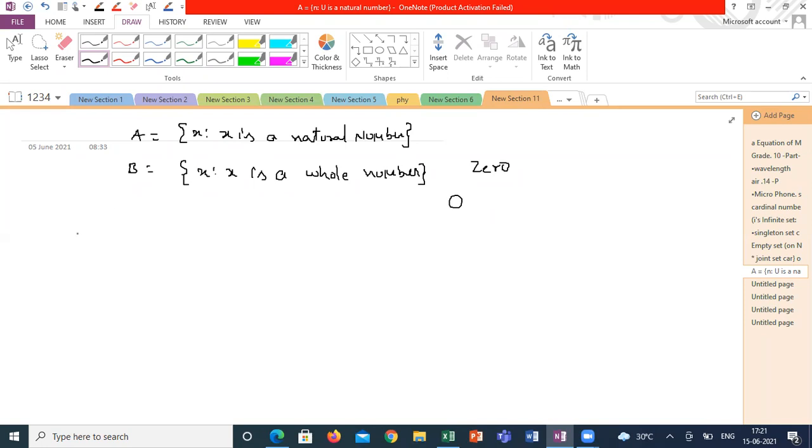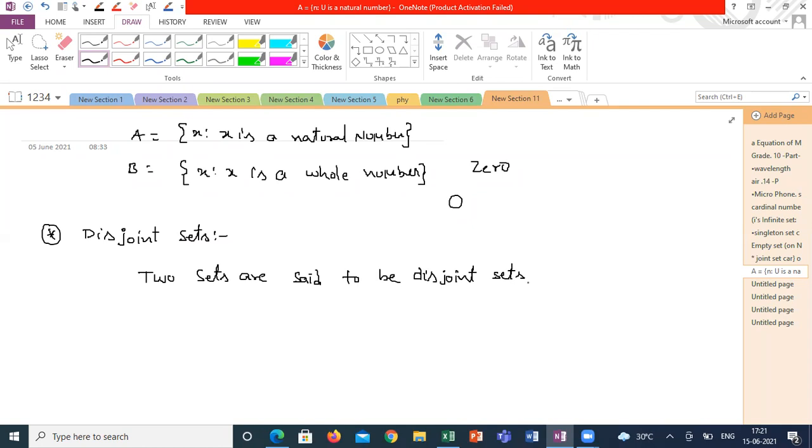Yes, sir. Disjoint sets, the opposite of this. Two sets are said to be disjoint sets if they have no element in common.